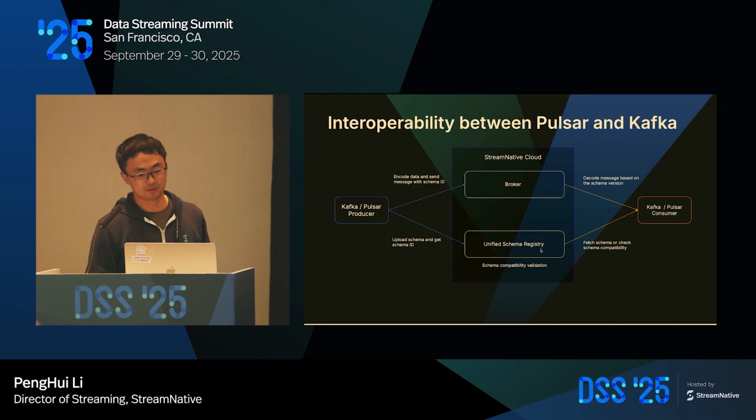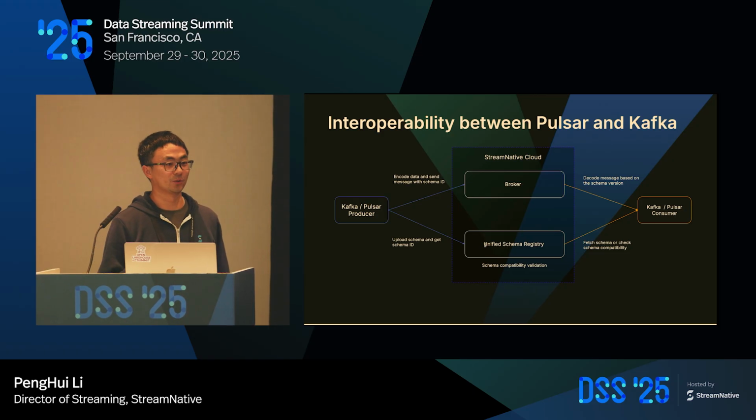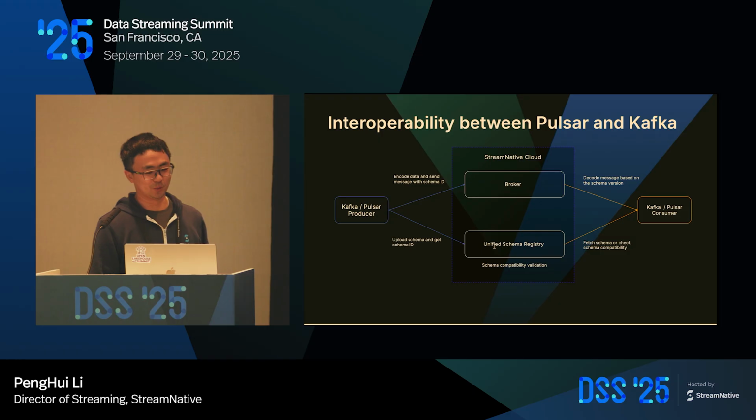If you already joined the open keynotes, then you know schema is pretty crucial for the Lakehouse. If you don't have schema, we don't know how to integrate your data into the Lakehouse, right? So this is why we designed the unified schema registry.